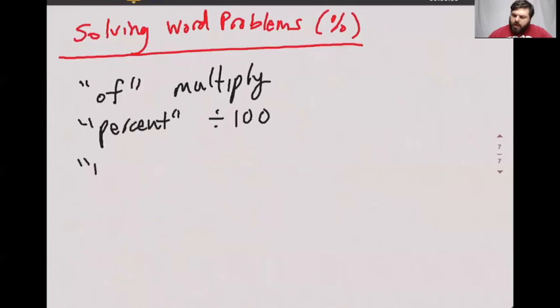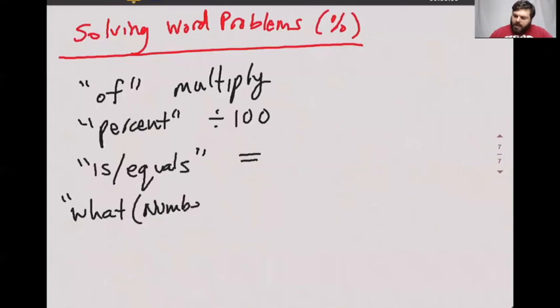When you see the word is or the word equals, you've got to remember that that is the equal sign, okay? And finally, when you see the word what or what number, that's where we're going to use the variable. You can pick any letter you want, but we'll just go with X. Okay, so of means multiply, percent means divide by 100, is or equals means equals, what means X.